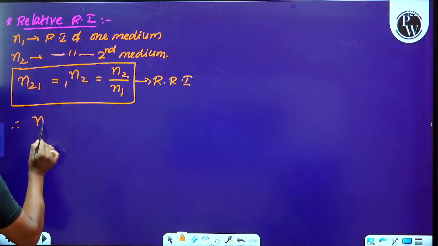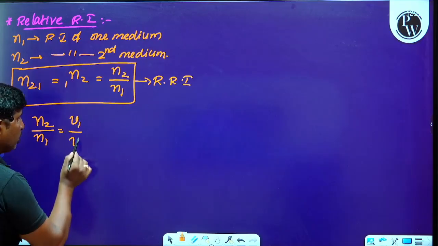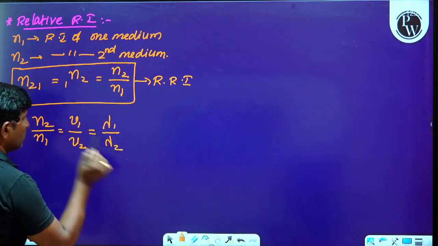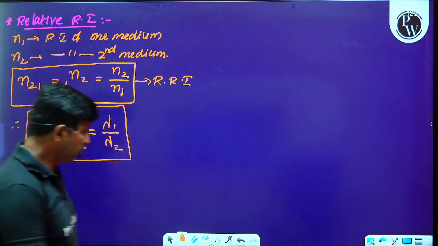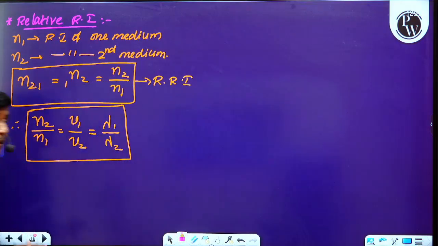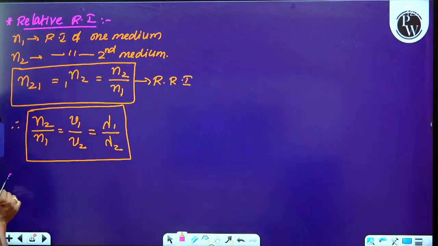Therefore, n2 by n1 can also be written as v1 by v2, and we can also write it as lambda 1 by lambda 2, okay? That is the relative refractive index of the pair of media. So please make sure about this.